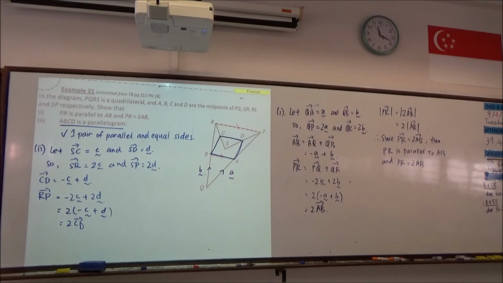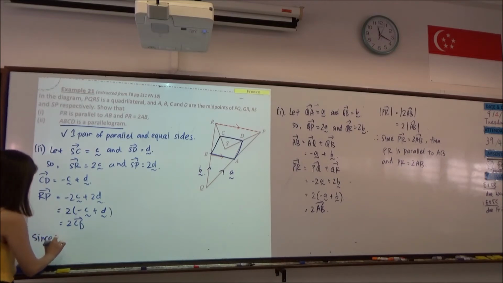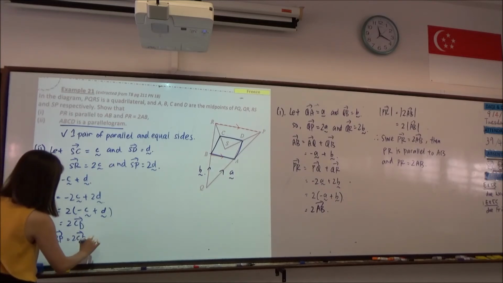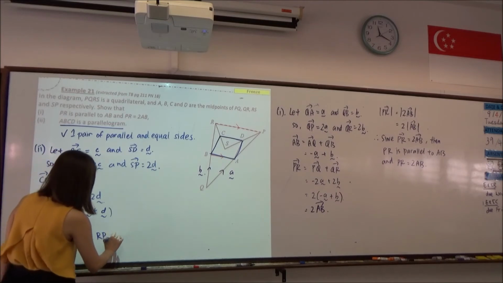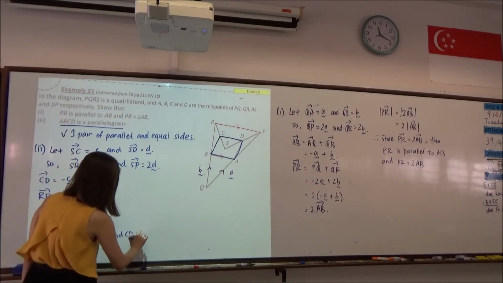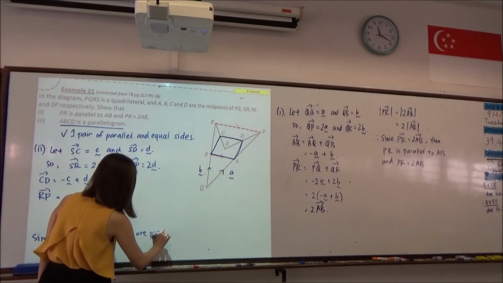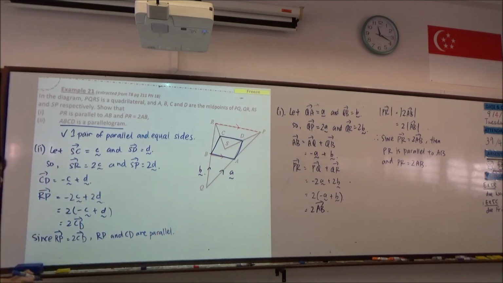So we can draw the same conclusion. So RP, if it equals 2CD, RP and CD are parallel.